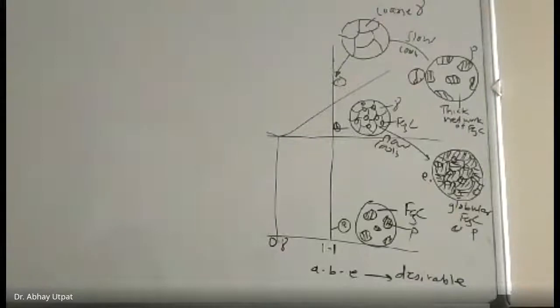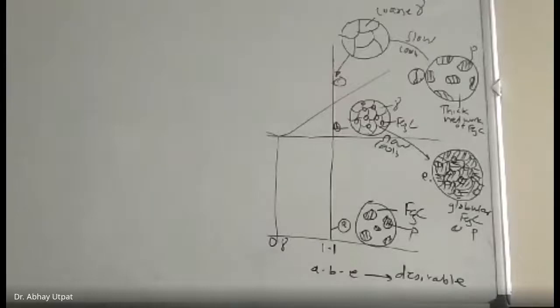However, if the partial annealing is carried out, it gives austenite plus globular cementite above A1.